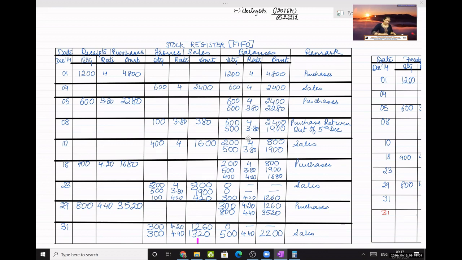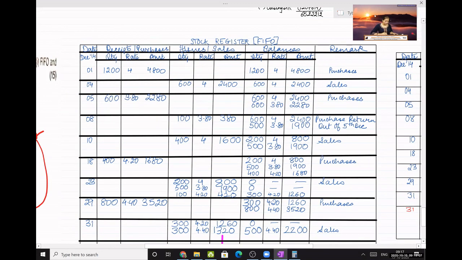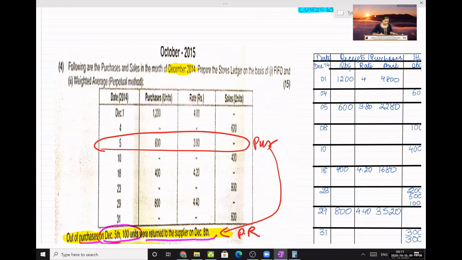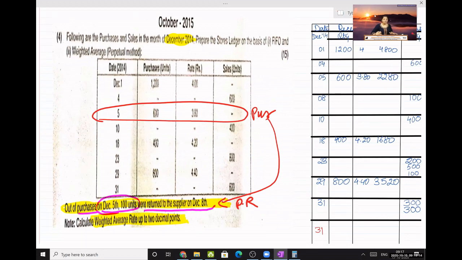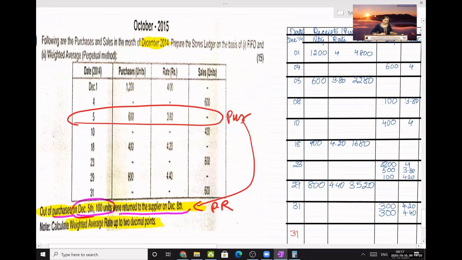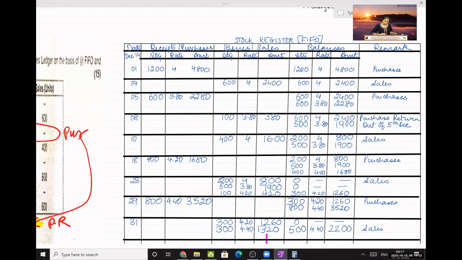So let us start with 1st December. In this sum there is no opening stock. There is no opening stock in the question, you can see that. It's okay. There is no unsold stock from last month, therefore there is no opening stock.